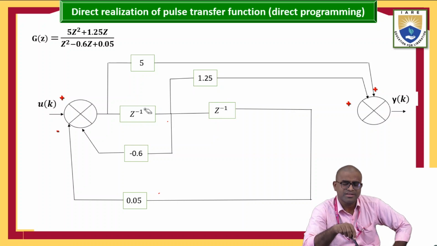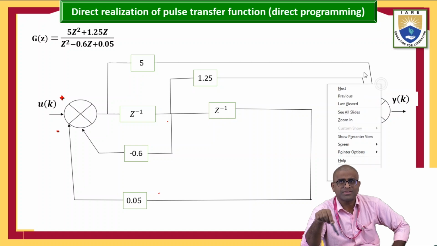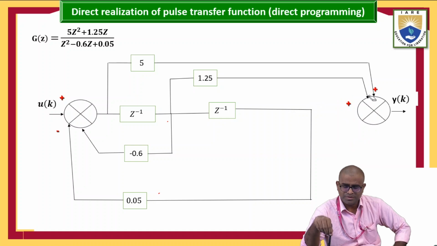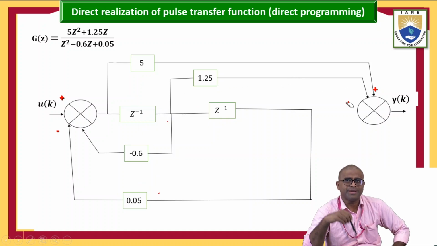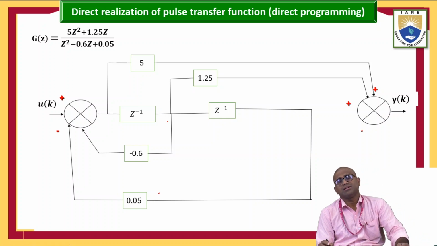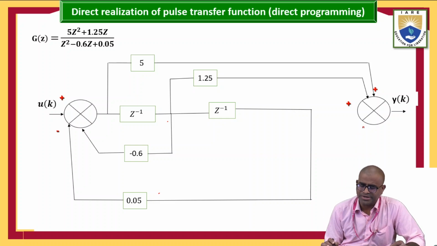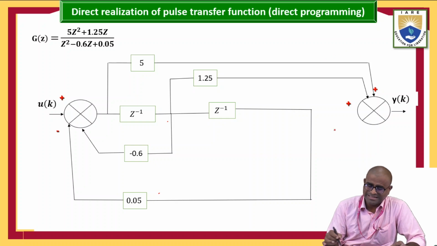So what happened? z square into 5, 5z square, plus coming to here, plus 1.25z. That is nothing but, from here I am taking z power minus 1, nothing but z, into 1.25. Okay, this is the way of writing the direct realization in the form of problems. It is the way you have to write down. It is the forward path, it is the feedback path.